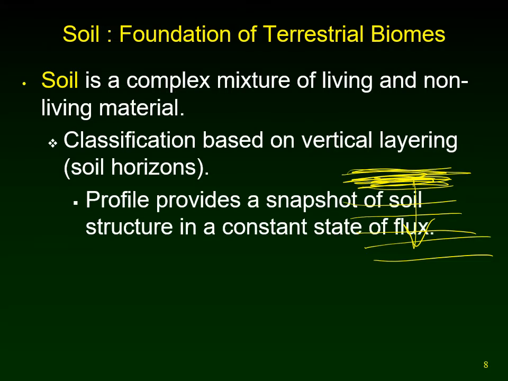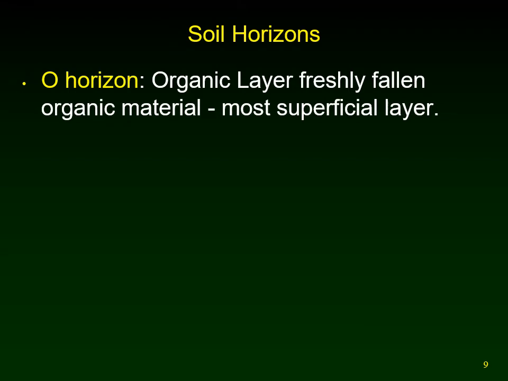When you dig down, a soil's always changing. Animals are moving it around. The rainfall is different at different times of the year. You're seeing a snapshot of what that soil looks like at that time. The different layers, the thickness of the layers, whether a layer even exists or not, is going to depend on the climate and the underlying rock material, the geology in an area.